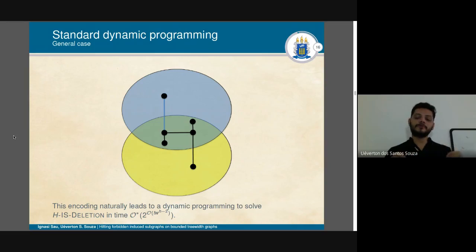This saves some information and makes it possible to solve the problem in time with treewidth to the h minus 2, and not h minus 1, which would be the most trivial.